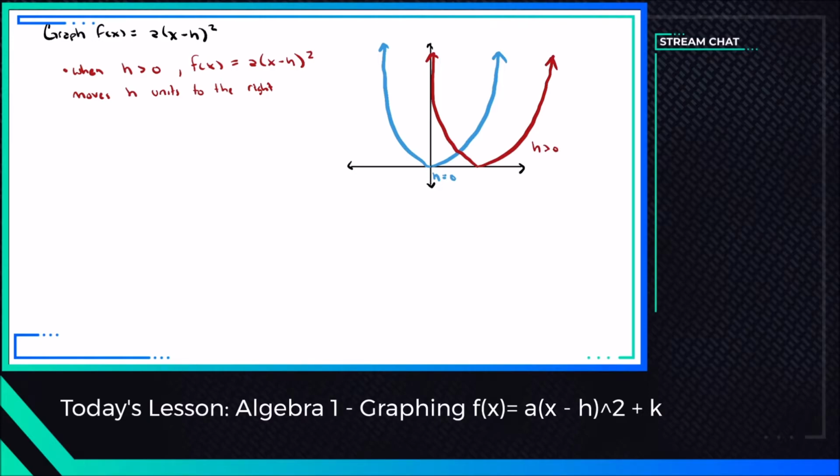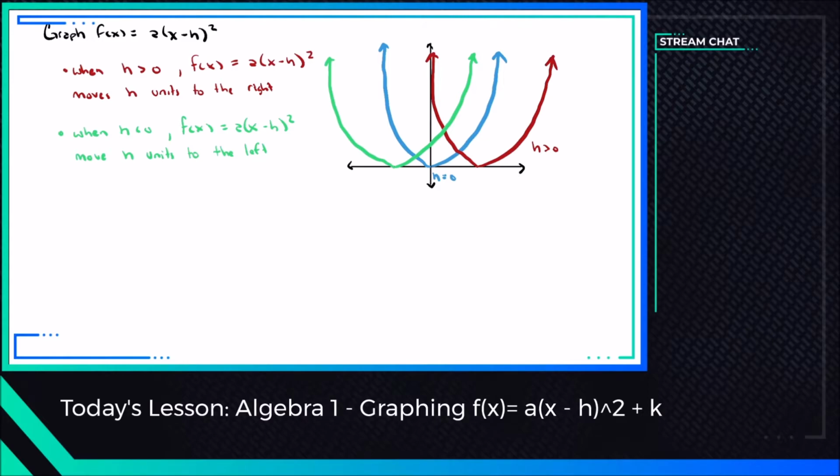And if h is less than 0, then the function f of x equals a times (x minus h) squared, and your h is actually going to look like plus h, because the negative of a negative is going to be a plus, right? And so it's going to move h units to the left. And so we're going to be over here.